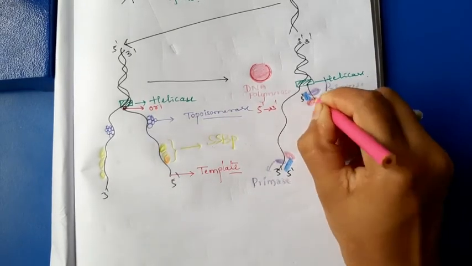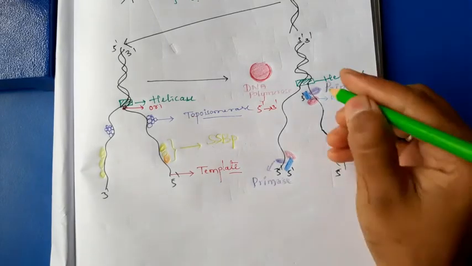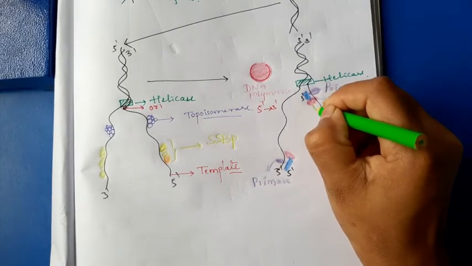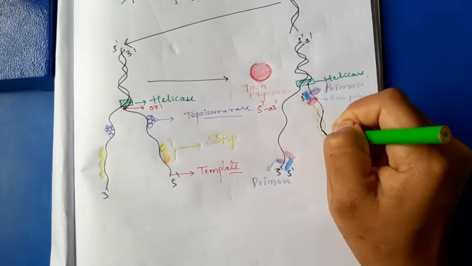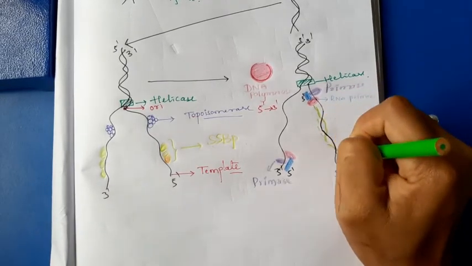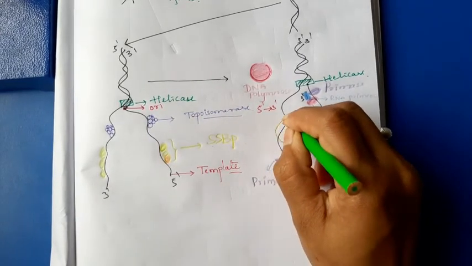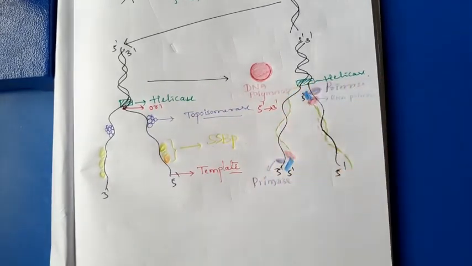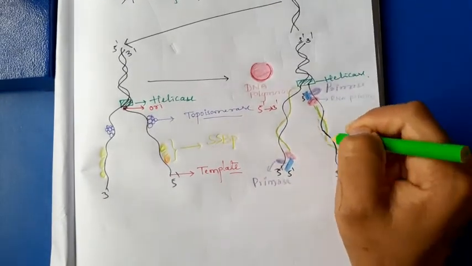Then DNA polymerase adds deoxynucleotides. After the entry of DNA polymerase, the new strand of DNA is synthesized.